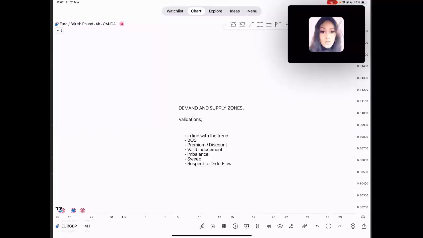I explained that in our class on market structure, which we had an hour or two ago today. You understand when I kept emphasizing that when the market is buying, you see demand zones being mitigated. When the market is selling, supply zones are created and mitigated.